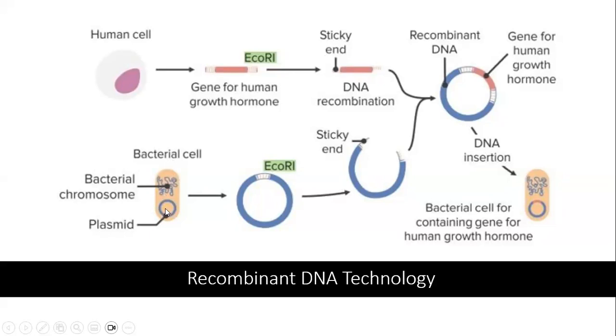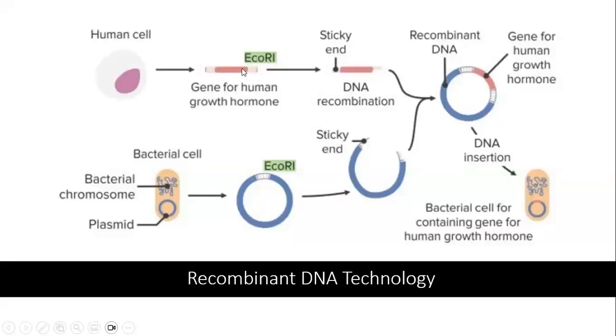And then we would use a plasmid that is found in some bacteria, and we would use the same enzyme to cut this plasmid. So now we have sticky ends. Remember DNA is double-stranded. So if we cut it right here and right here, we would have some bases that lack a pair.